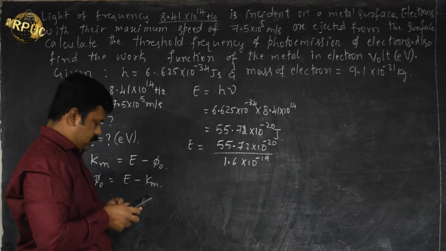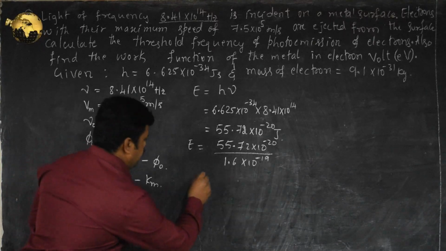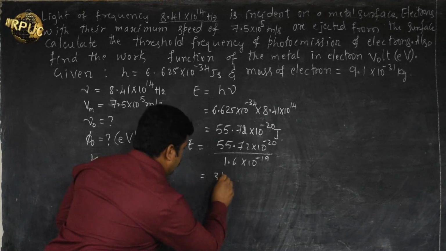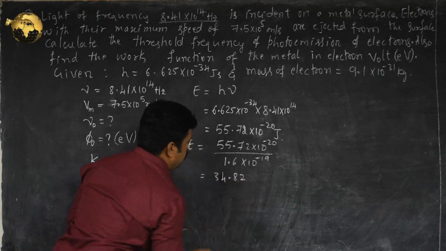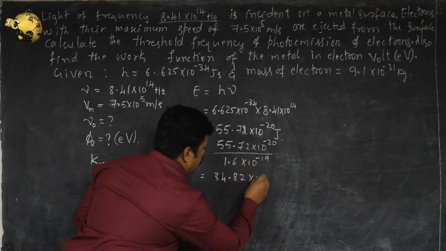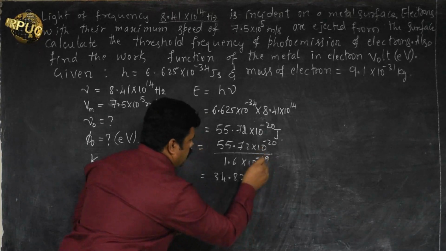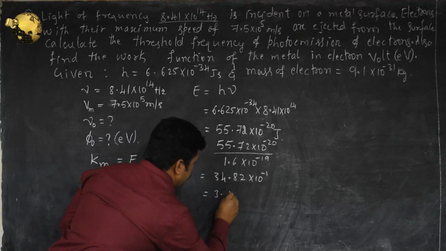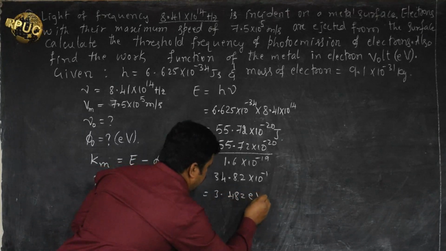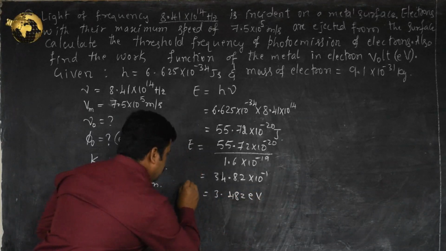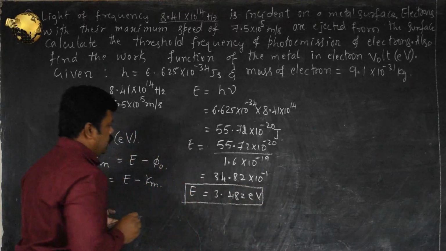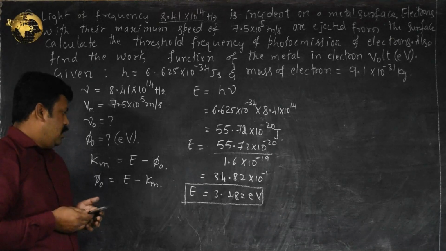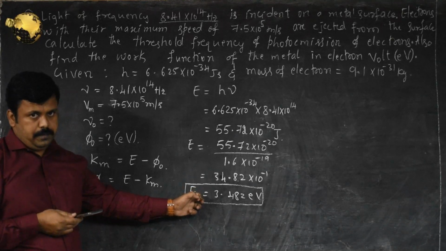So we get 34.82 into 10 to the power minus 20 plus 19, that is minus 1, so I can write 3.482 electron volt. So this is the energy associated with the incident photon.